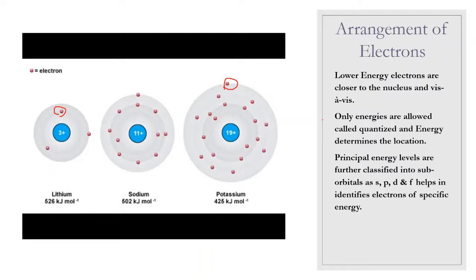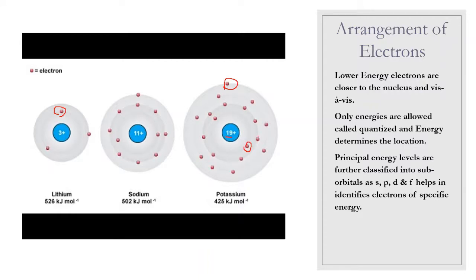Principal energy levels are further classified into sub-orbitals as S, P, D and F, which help in identifying electrons of specific energy. We can understand this concept with the example of a hotel. If you are the manager of a hotel and you are getting customers, the first customers you fill in the first orbitals.